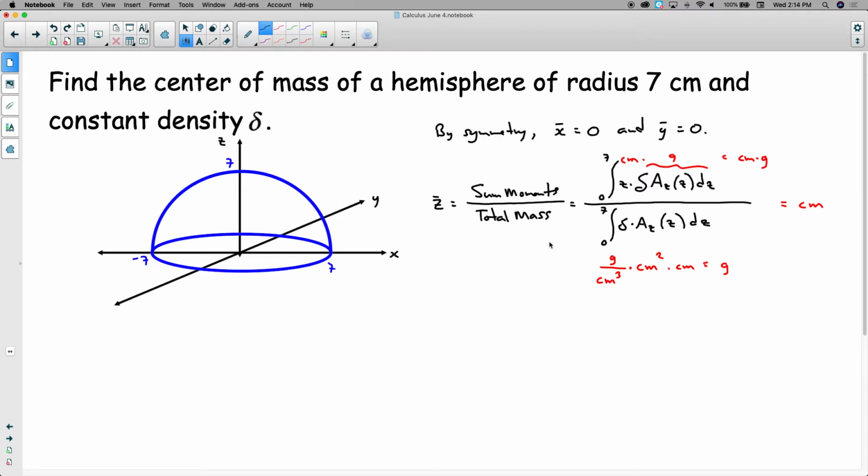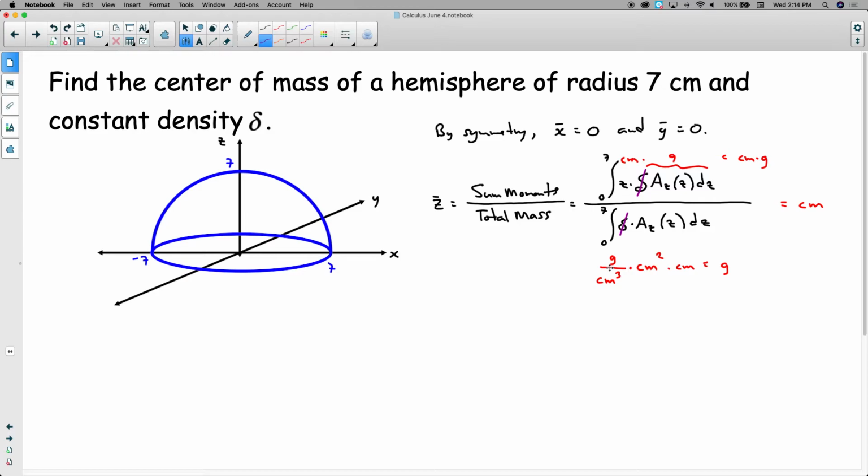It's not going to play a role. If it's a foam hemisphere, it's going to balance in the same place as if it's a lead hemisphere. It doesn't matter at all. So I'm going to kill those off. That and that just cancel each other out.